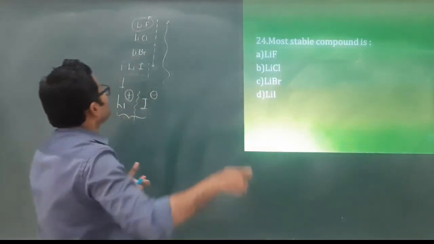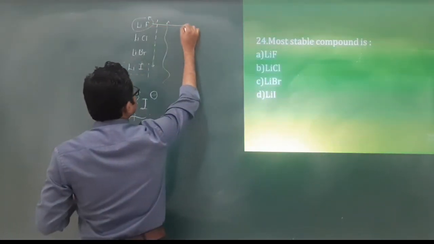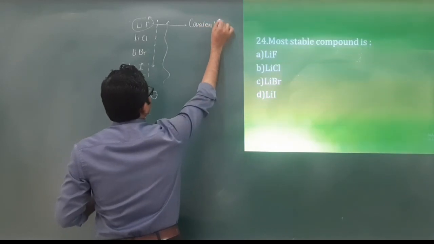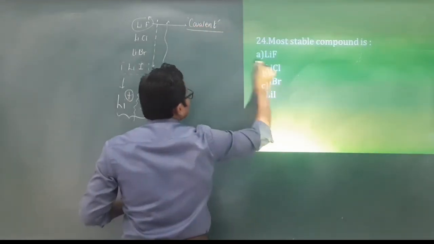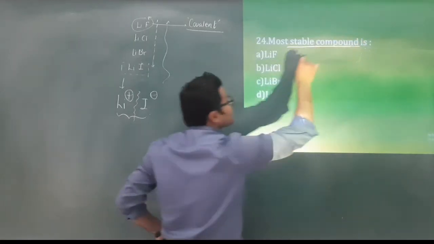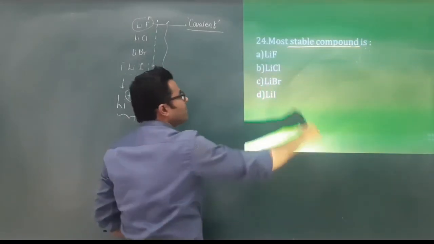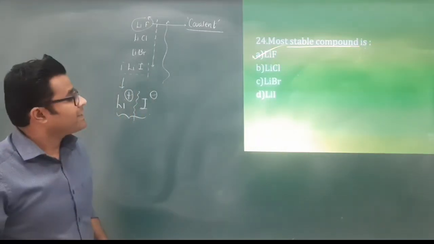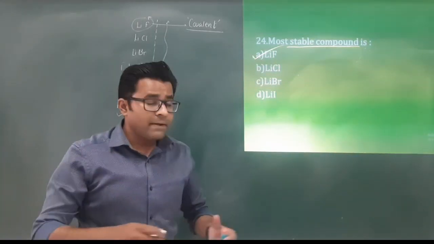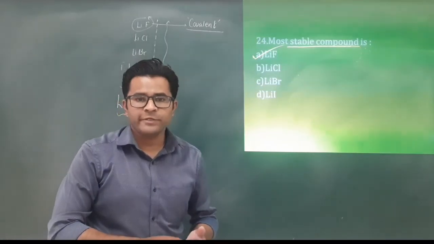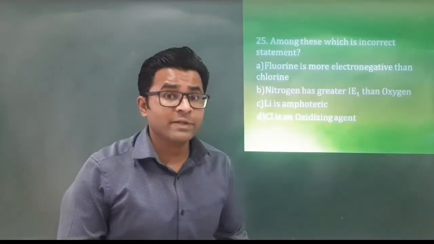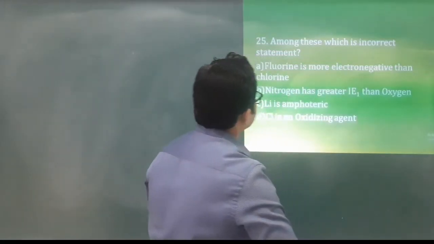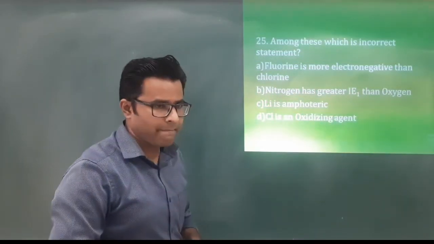So in this scenario, we can find a covalent nature which is much more responsible for making this compound stable, and therefore our answer is A. So the more stable compound is lithium fluoride. Finally, coming to question number 25, and that is, among these, which is the incorrect statement?